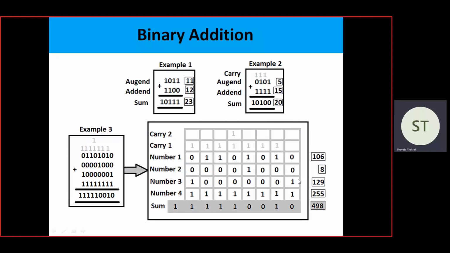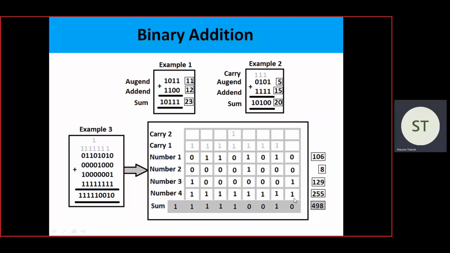Like here we have one pair of ones, so one carry will be generated and written to the next consecutive bit position. And if there are two pairs of ones, there will be generation of two carries. So depending upon the situation we can add the carries to the next consecutive bit position.